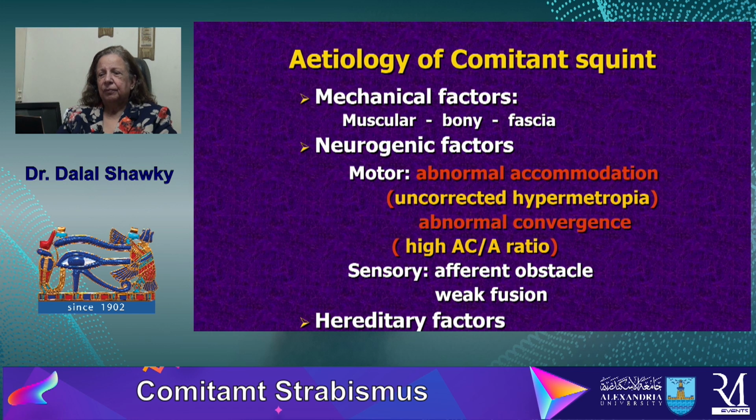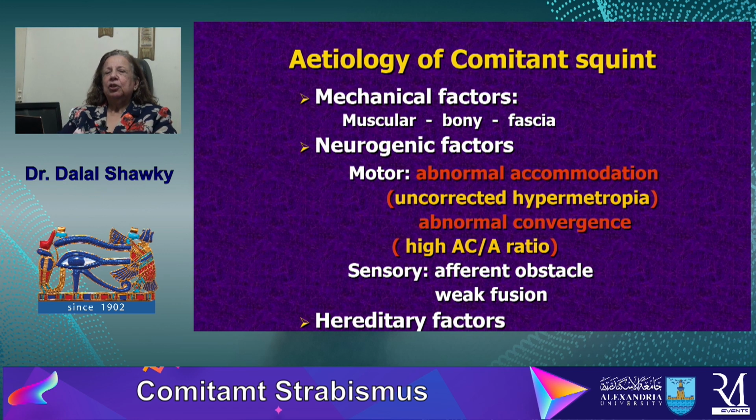The second important cause is abnormal convergence. How can abnormal convergence cause strabismus? There is a special ratio known as the AC/A ratio, that is, the accommodative convergence to accommodation ratio. As we said, every 1 meter angle of convergence is accompanied by 1 diopter of accommodation.